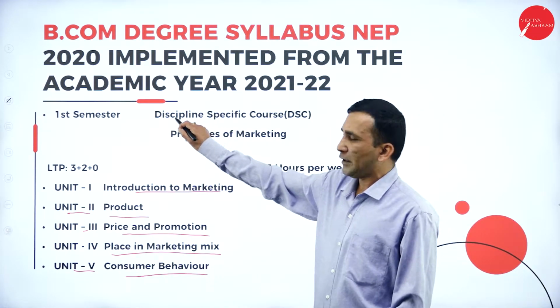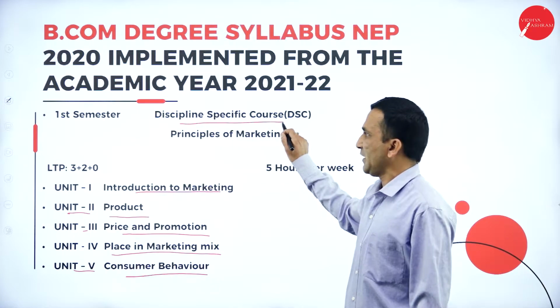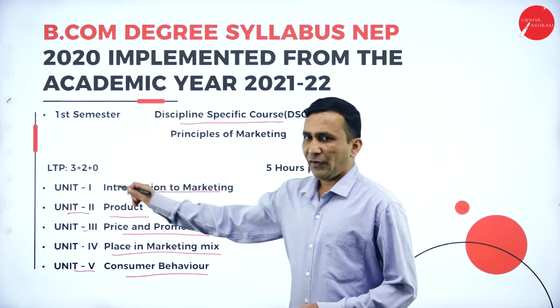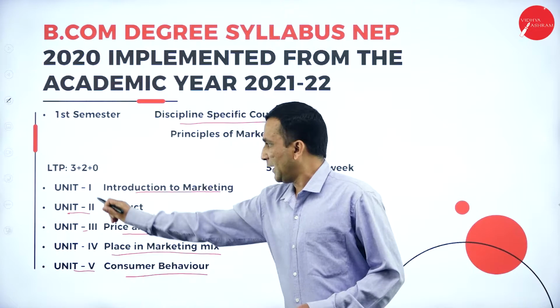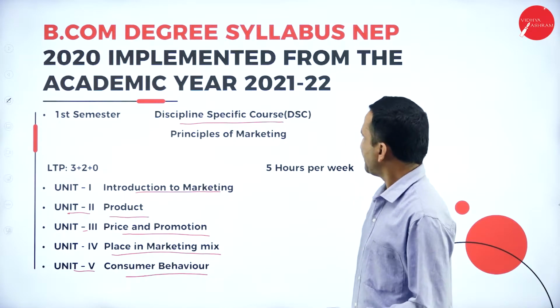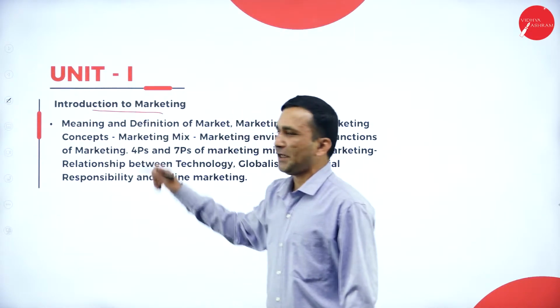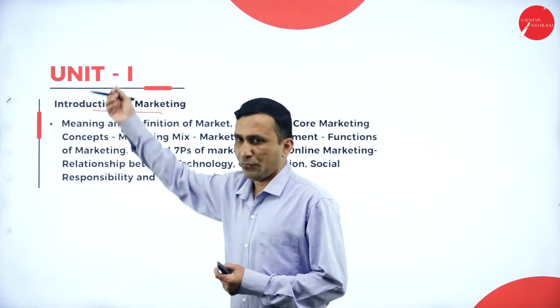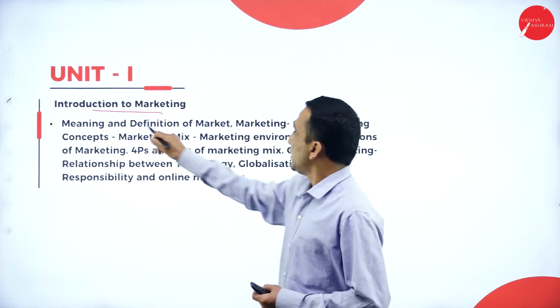So this discipline specific course in first semester BCom will have 5 units. And in introduction to marketing, what exactly is under unit 1, what topics can we expect here.